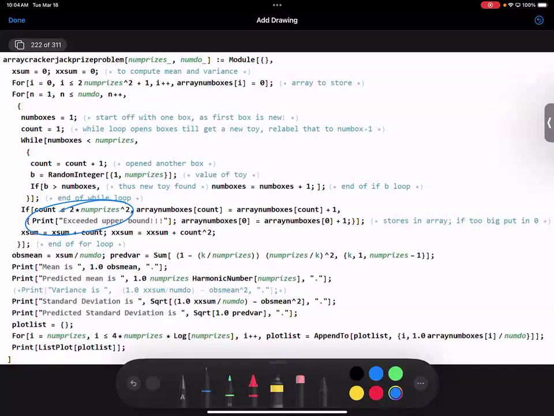We expect that if there's t prizes, t log t is the expected number of boxes we need to get all the toys. So I'm going up to t squared times 2.